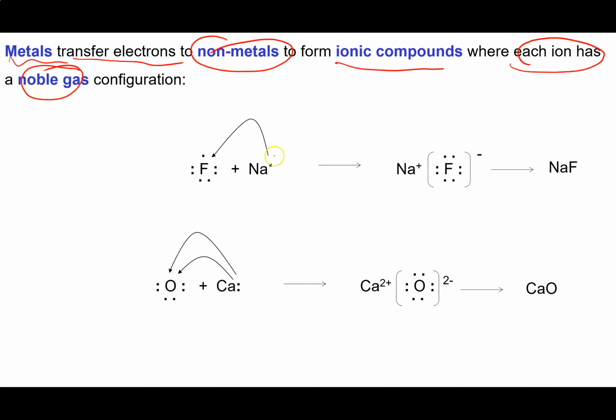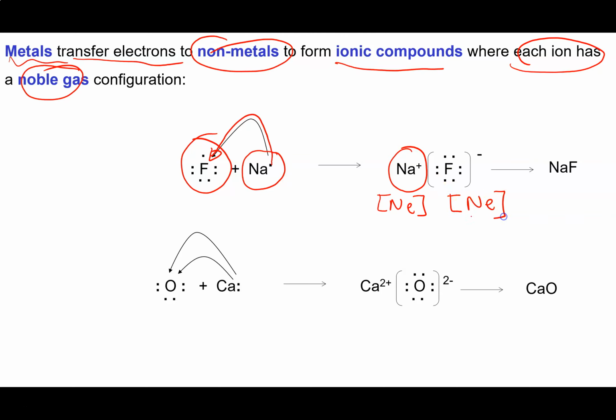So if a sodium atom collides with a fluorine atom, what occurs is that the sodium atom transfers its 1 valence electron over to the fluorine. This gives a sodium cation that has a neon electron configuration and a fluoride anion that also has a neon electron configuration.